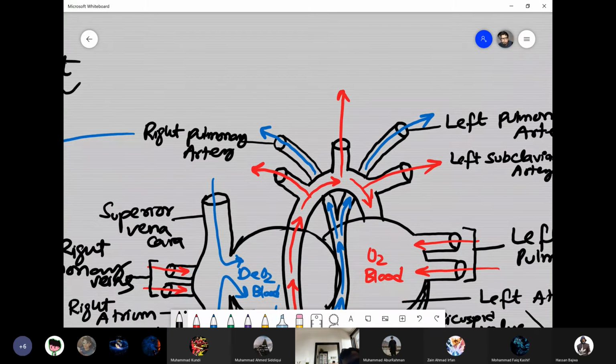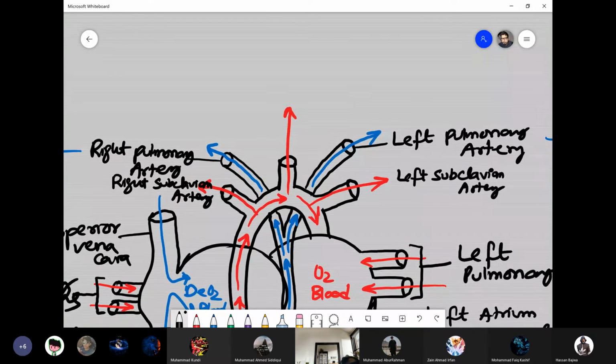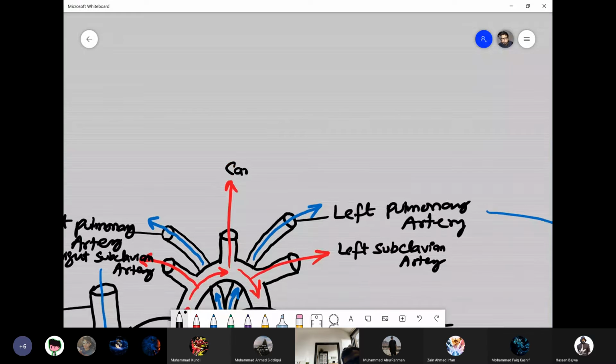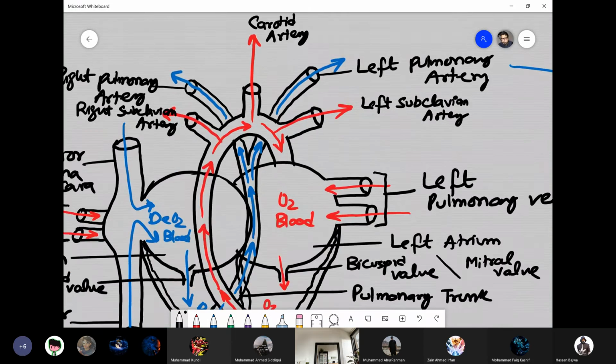This one over here is called the right subclavian artery. This is taking the blood to the right shoulder and right arm. Now this one over here is called the carotid artery. This is taking the blood to the neck and then towards the head.